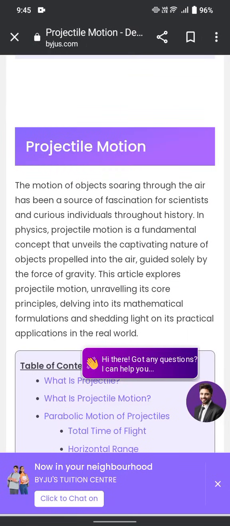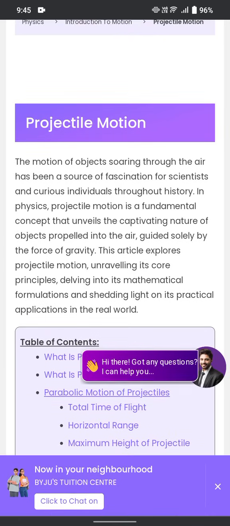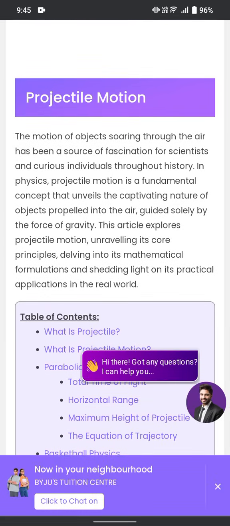Today we discuss the topic of projectile motion. The motion of objects soaring through the air has been a source of fascination for scientists and curious individuals throughout history.